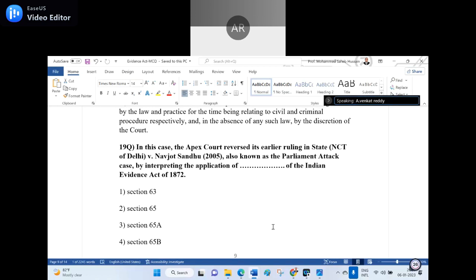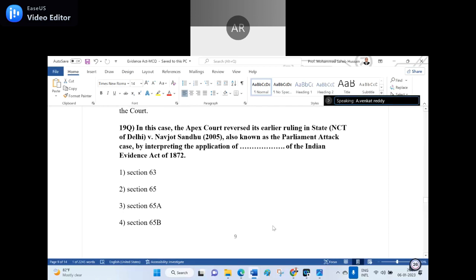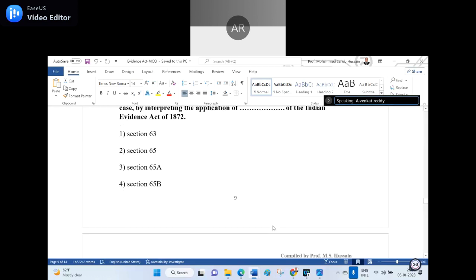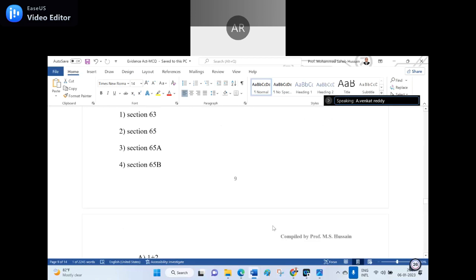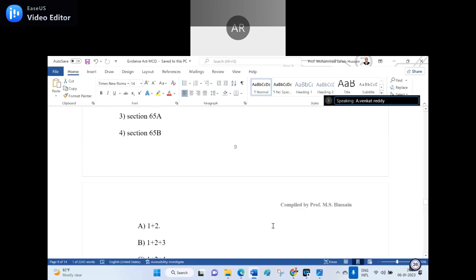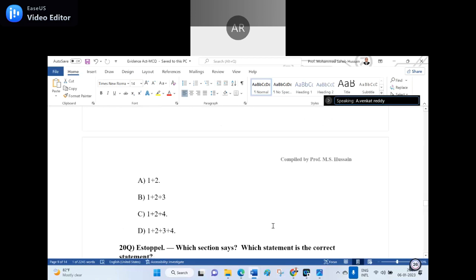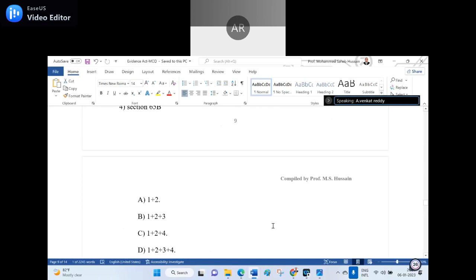Number 1, Section 63. Number 2, Section 65. Number 3, Section 65A. Number 4, Section 65B. Options: A, 1 plus 2; B, 1 plus 2 plus 3; C, 1 plus 2 plus 4; D, 1 plus 2 plus 3 plus 4.